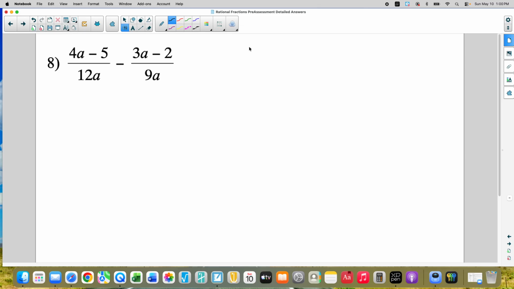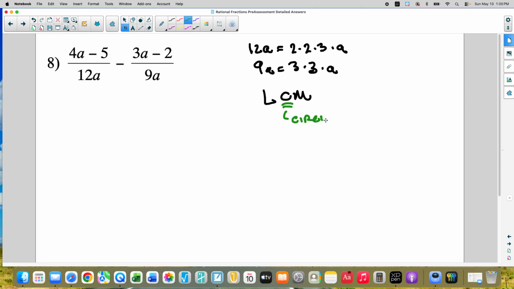So LCM of 12a, which is 2 times 2 times 3 times a, and 9a, which is 3 times 3 times a. So LCM, different from GCF. The C still talks about circle the common.